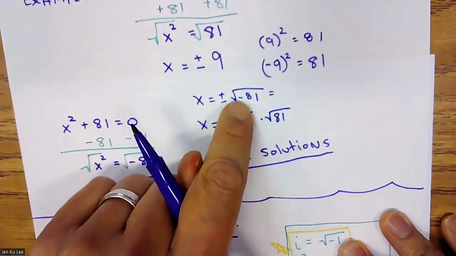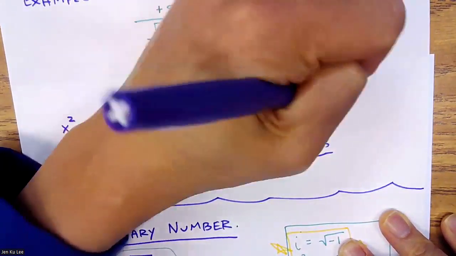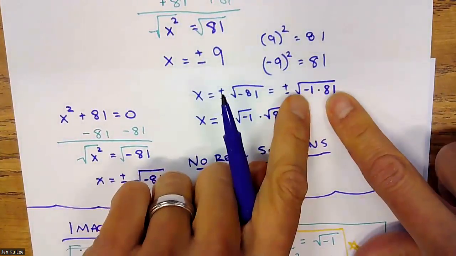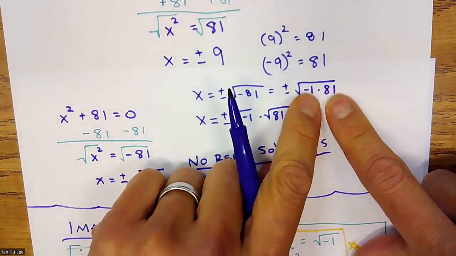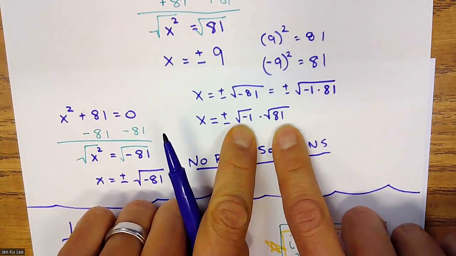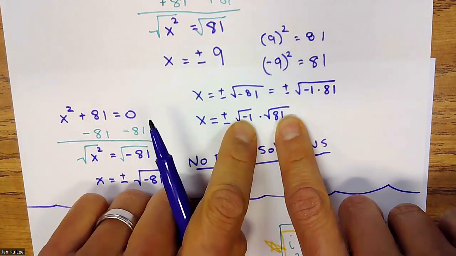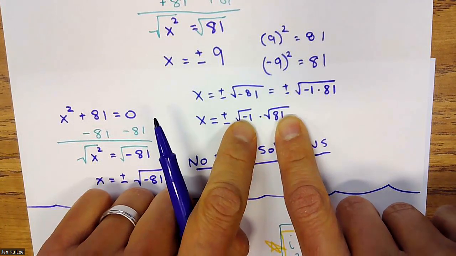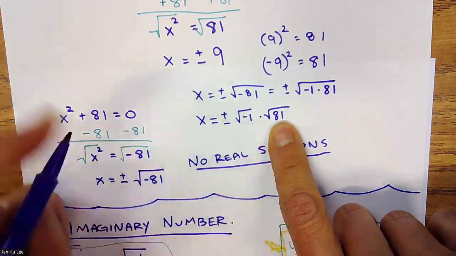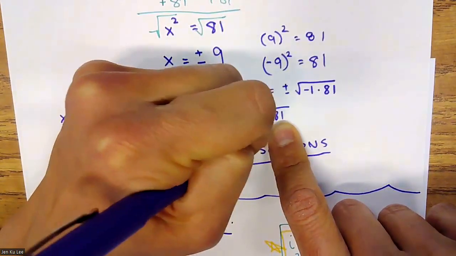I can break this down, class, into plus or minus the square root of negative 1 times 81, correct? Now, since there are two numbers inside one square root, I can split them up: the square root of -1 times the square root of 81. What is the square root of -1? I. What is the square root of 81? 9. So x is going to equal plus or minus 9i.